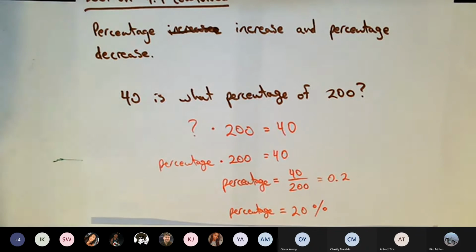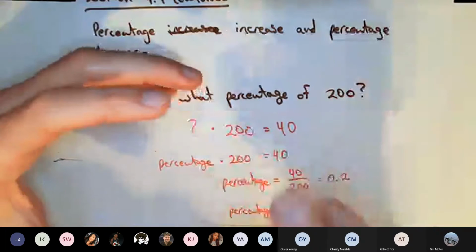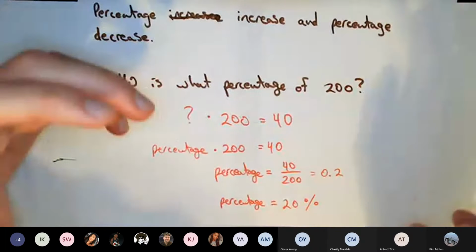What if we wanted to measure as a percentage the difference between two numbers? So not just saying, here's a total of 200 and here's 40, what percentage is that?